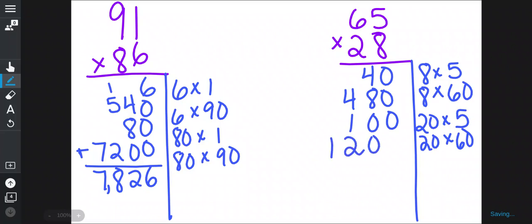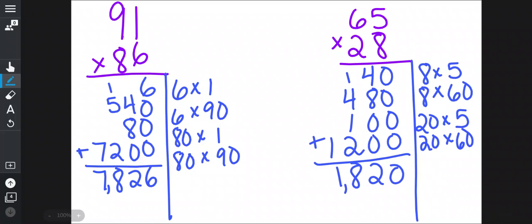And this is 1,200. Add those up. And I have 1,820. So if you're feeling good about this, it is time to practice. If not, please see your teacher and they will help you do a couple extra problems before you are ready to practice. All right, nice job learning partial products.